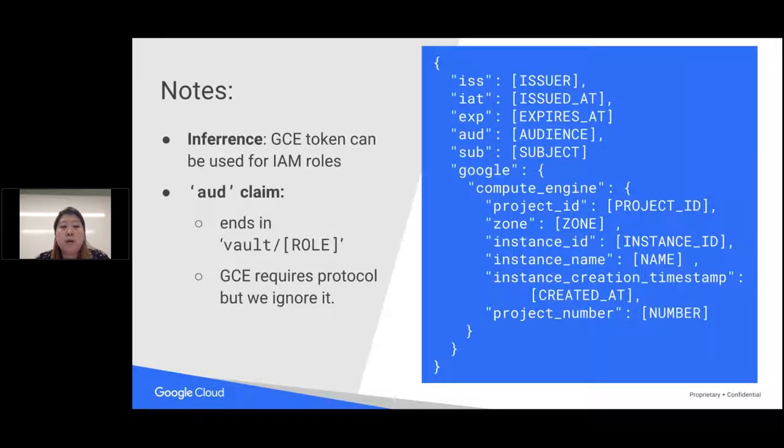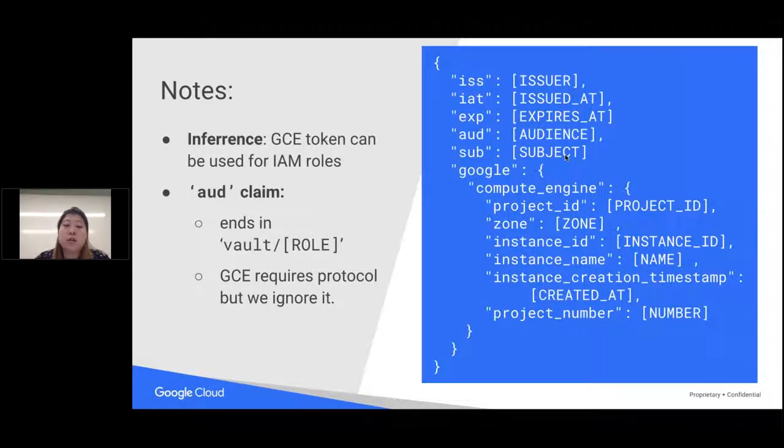So a couple notes, GCE tokens can actually be used to authenticate under IAM roles as well. You can see an example of what the JWT looks like. So the subject here is actually a service account that is linked to the token and to your instance, and you request a token based on that service account.